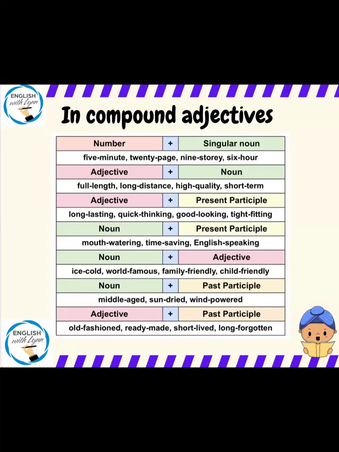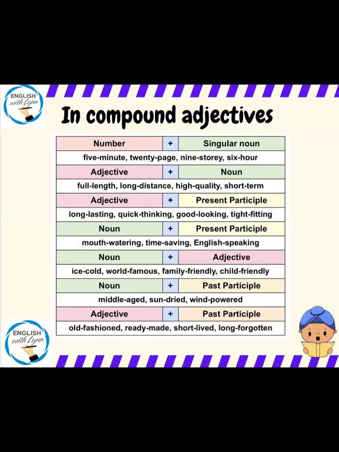And you could have the noun and the ing word, the present participle, so mouth-watering, English-speaking. You might have a noun and an adjective, so ice-cold, world-famous. Or you could have the noun and the past participle, so the middle-aged and the wind-powered. So all of these are what we call compound adjectives, and they need the hyphen to link the two words together.